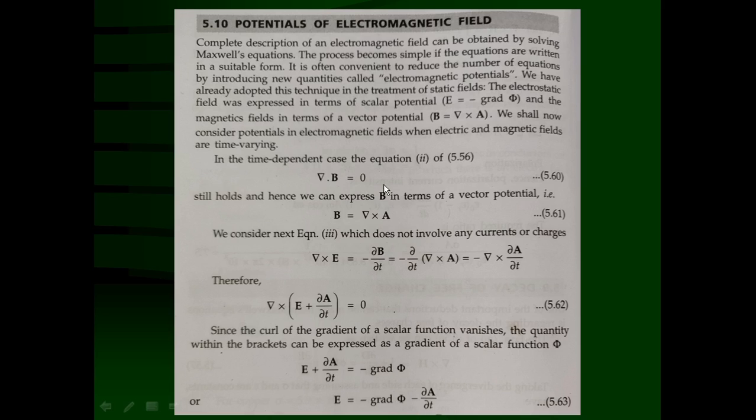So this way, equation 5.61 gives the magnetic field B from the vector potential, and from 5.63 we can obtain the electric field from the scalar potential phi as well as the vector potential A. Both are required to calculate the electric field.